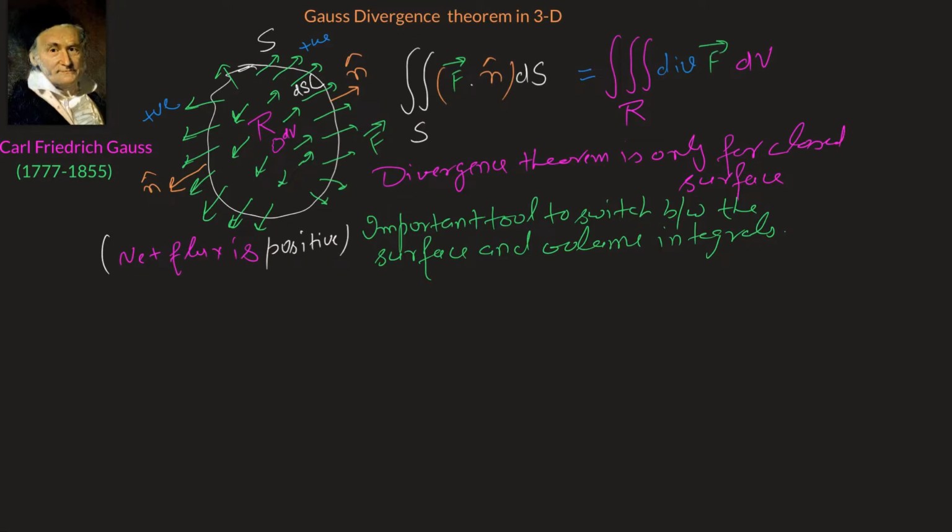So if we again see, this is the surface S and this is the region R, and this is the vector field.